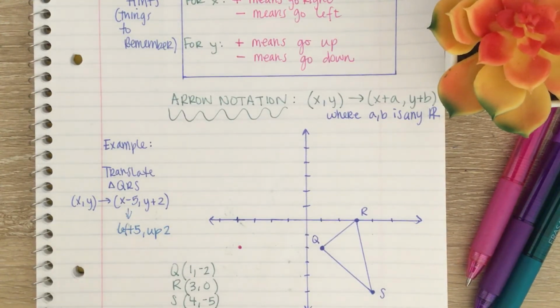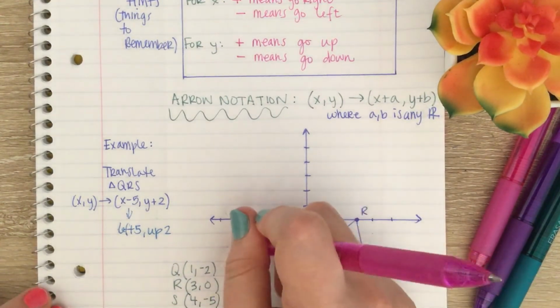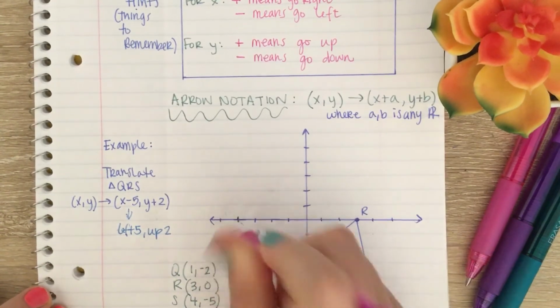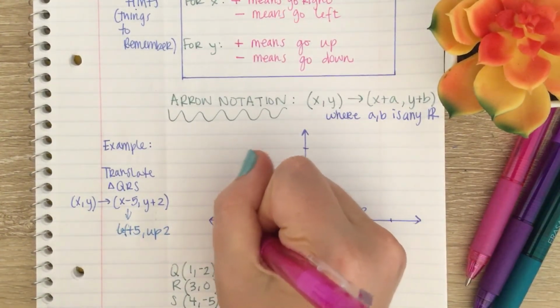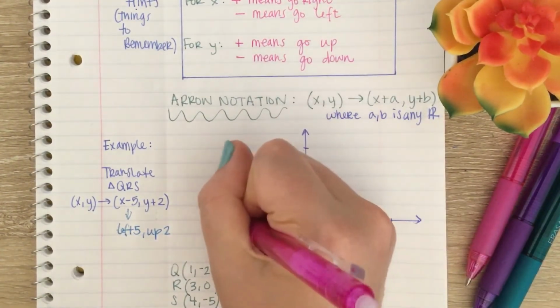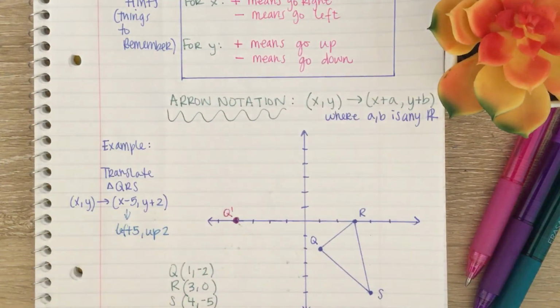All I did was go left 5, but I'm not done with my rule. I still have to go up 2. So let me erase that and plot it right here. 1, 2, and label, label, label. You're probably like, oh, she just wanted to show off her new erasable pens. Yeah, probably. No worries.